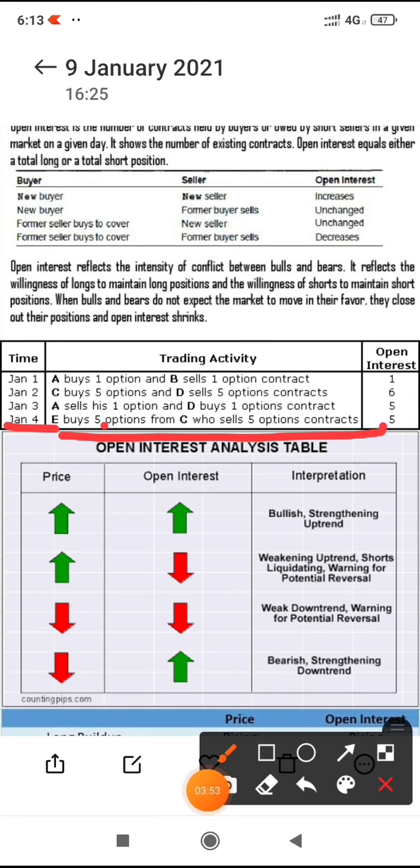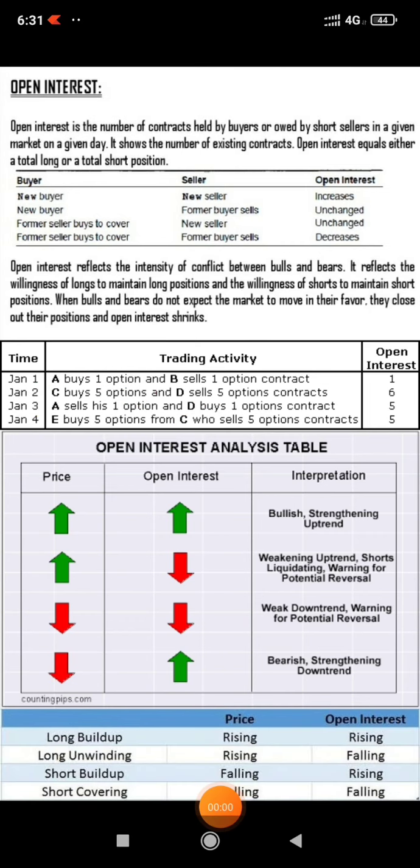E is the new entrant here, but C is the one who was already holding 5 options from January 2nd. So here the open interest remains unchanged. The situation is a little different, where the open interest remains unchanged.